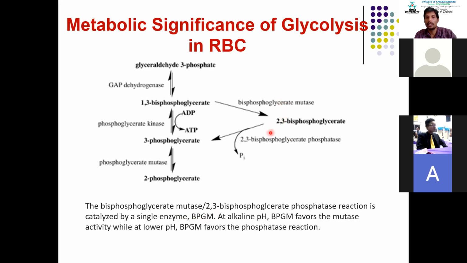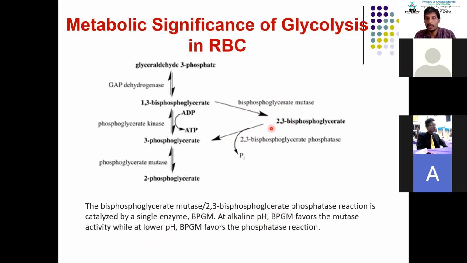So these two activities are together in one big enzyme. But at alkaline pH, this bisphosphoglycerate mutase favors the mutase activity, so that it will convert to 2,3-bisphosphoglycerate, while at lower pH it favors the phosphatase reaction, this reaction. So low pH and high pH are important for deciding whether the molecule 2,3-bisphosphoglycerate is present in the cell or not.